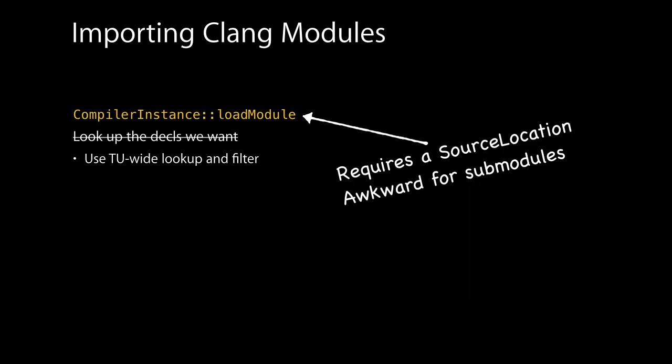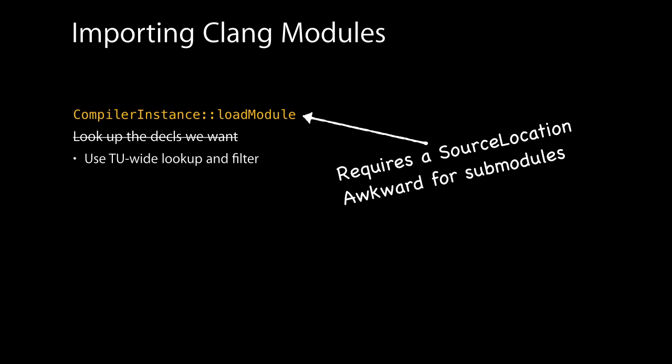Well, loadModule is actually not a wonderful method. It gets the job done, but there are certain things that it doesn't handle so well. It requires a source location, which is a little problematic if the cause of your import is not in a Clang source file. And it's a little awkward to use for submodules. If the submodule doesn't exist, it doesn't really help you know why, and it doesn't communicate that error very well to the user.